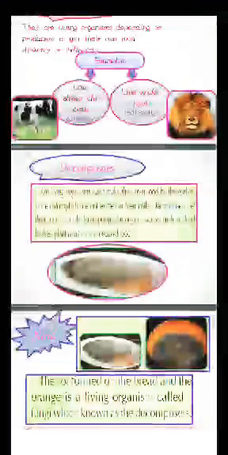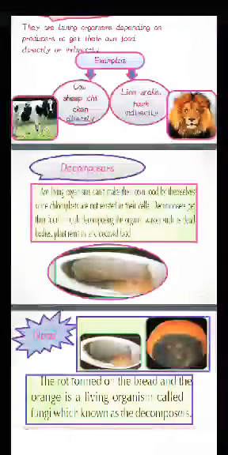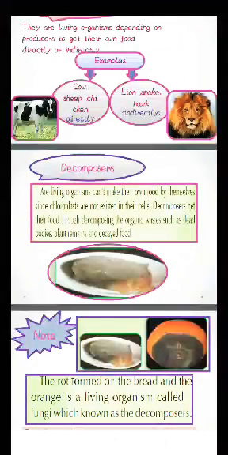Number 3, decomposers. Decomposer living organisms can't make their own food by themselves due to the absence of green plastids. They get their food by decomposing dead bodies or food remains.